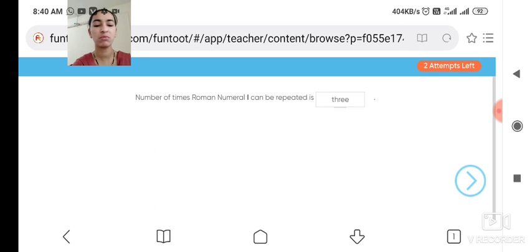Which symbols? There are only seven basic symbols. Yes, students, which symbols do we use in the Roman numeral system? The basic symbols are I, which stands for 1; V stands for 5; X stands for 10; capital L stands for 50; C stands for 100; D stands for 500; and M stands for 1000.